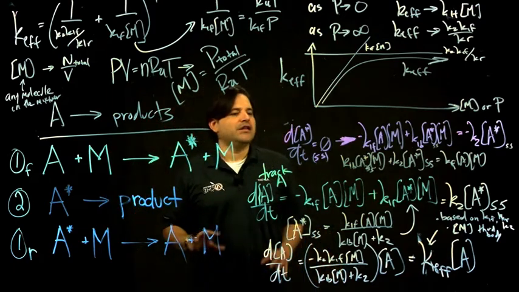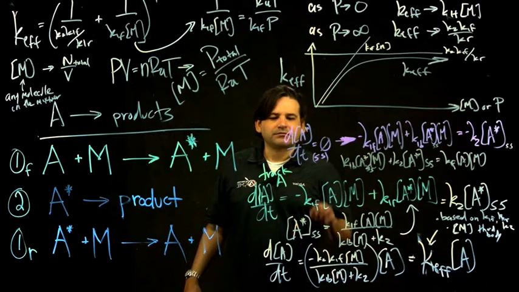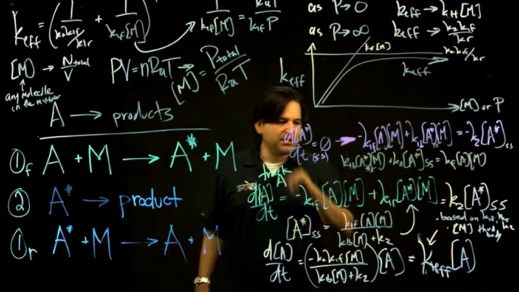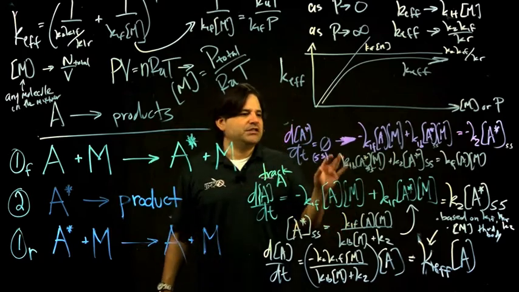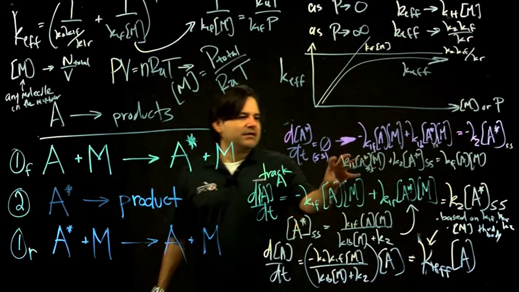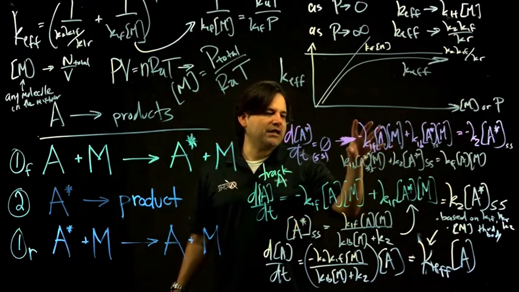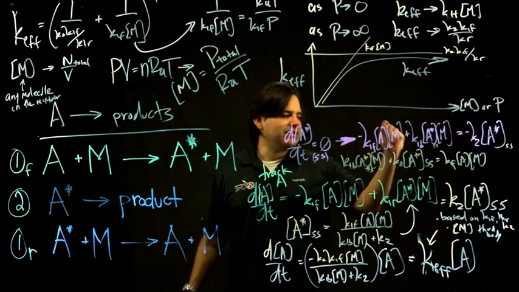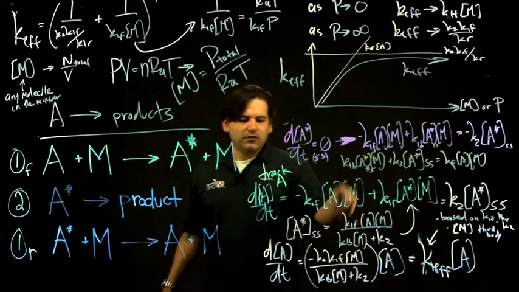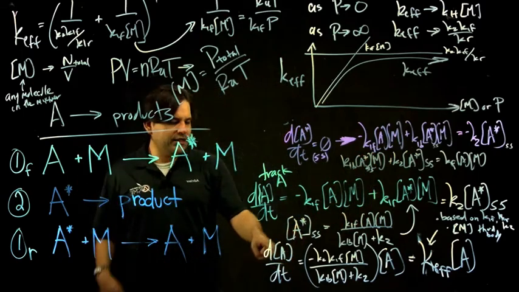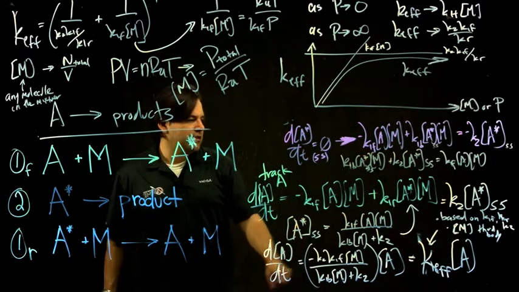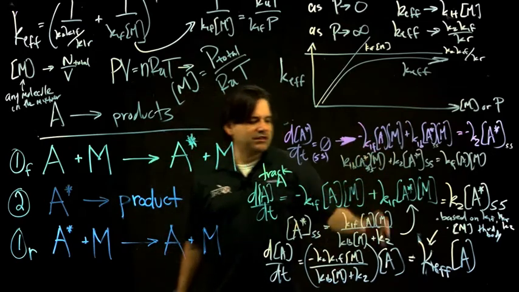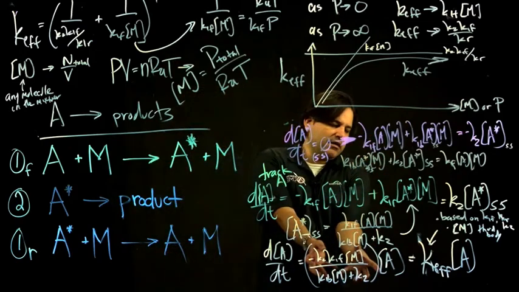And if we apply these laws of mass action to the energized species and to the starting species, and we assume the energized species accumulates and then reaches a steady state concentration, we can get an expression for the concentration of this starting species in terms of the steady state concentration, and that results in this effective lump here.